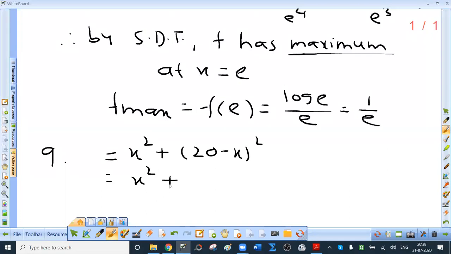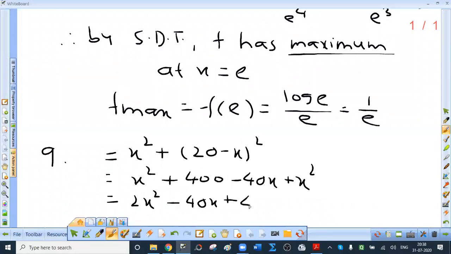It is actually 2 into 20 minus x into minus 1, the derivative of 20 minus x. So it is better that we expand this. So 400 minus 40x plus x square. So finally it is 2x square minus 40x plus 400.